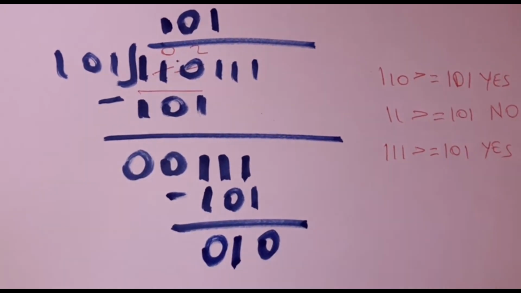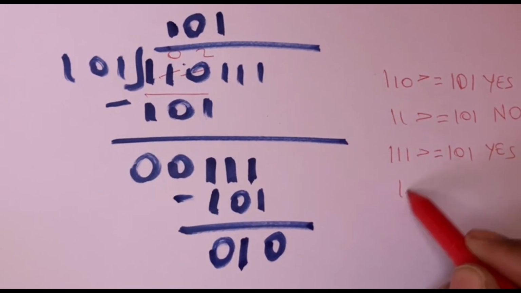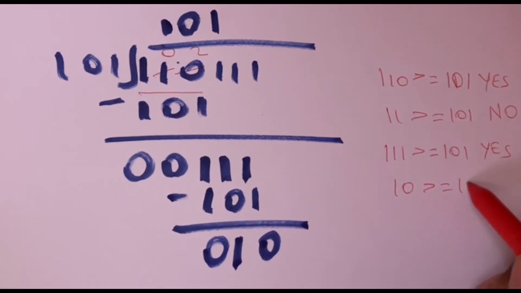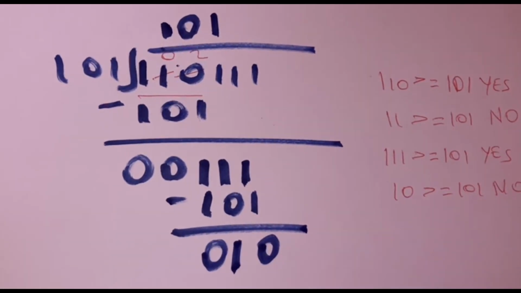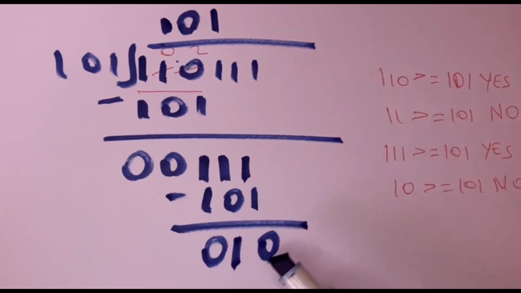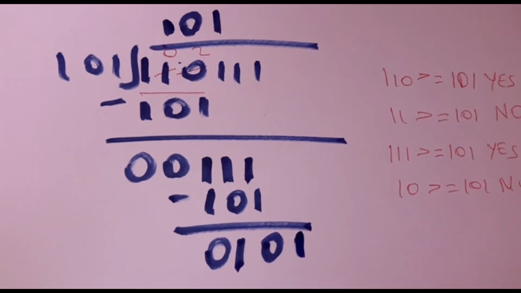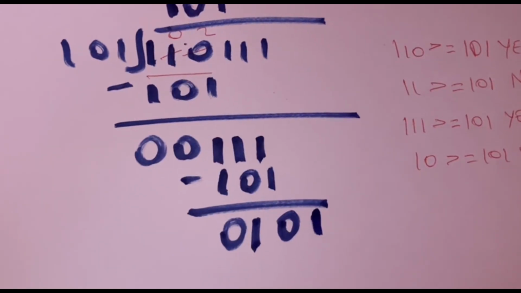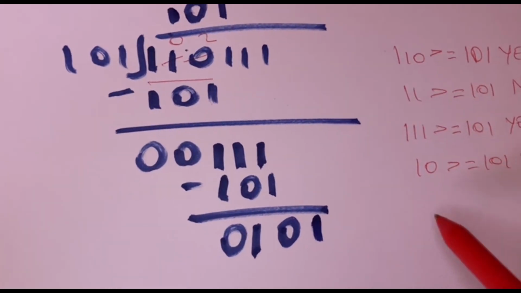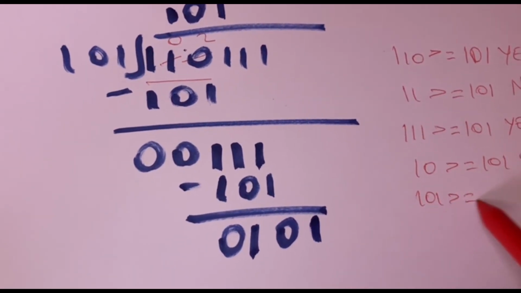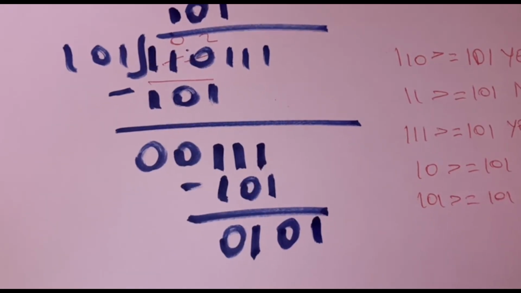So 10 is greater than or equal to 101? No. Therefore, we have to bring the last one here. This one is left here, 101. So now is 101 greater than or equal to 101? Yes.